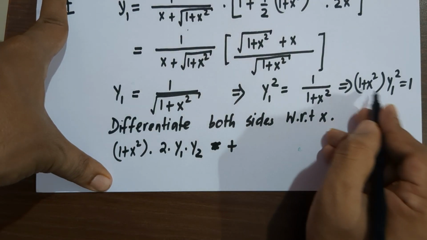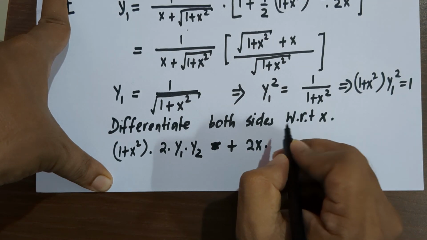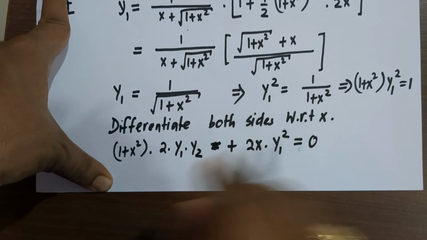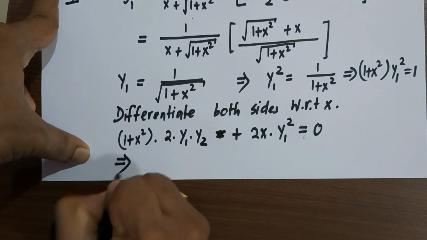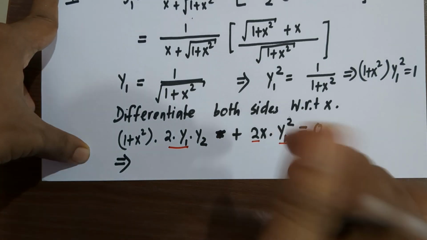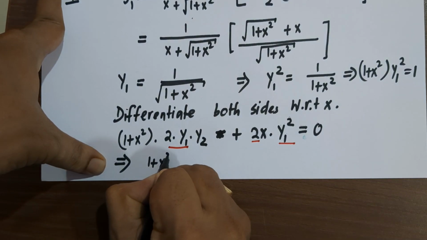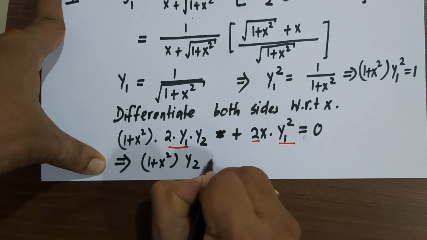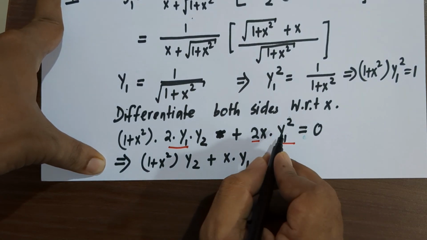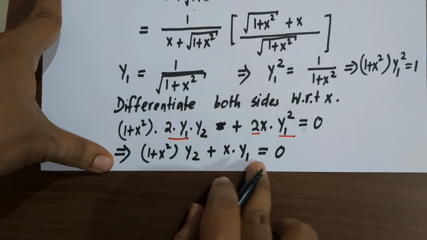Then take the derivative of first, which is 1 plus x squared, derivative 2x, and leave second as it is, and the right hand side becomes 0, the derivative of 1, which is a constant. This 2y1 is here, and here we also have 2x y1 squared, so we can cancel them. Here we have 0, so it becomes (1 plus x squared) y2 plus x times y1. Here we have y1 squared, we are cancelling only one y1. So this is our equation involving the second order derivative of y.